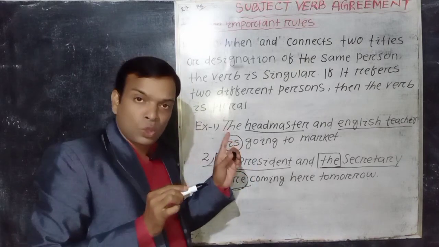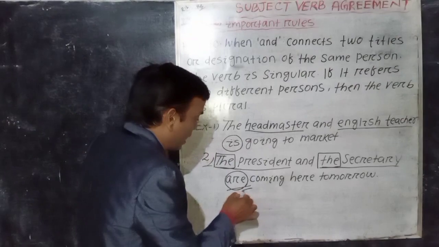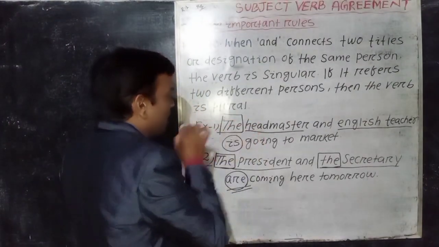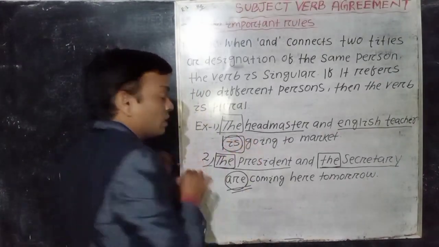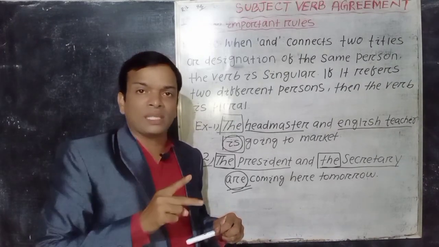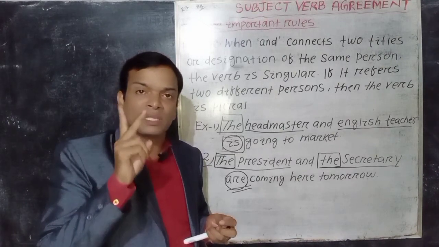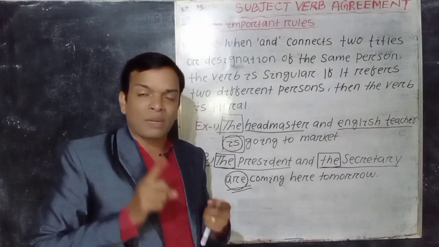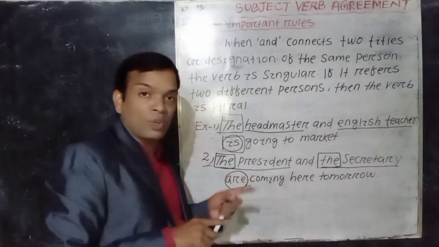If the is used only one time, then the verb is always singular. One the means one person, two designations, so the verb is singular. Two the means two different persons, one is the president, another is the secretary, so it takes a plural verb.